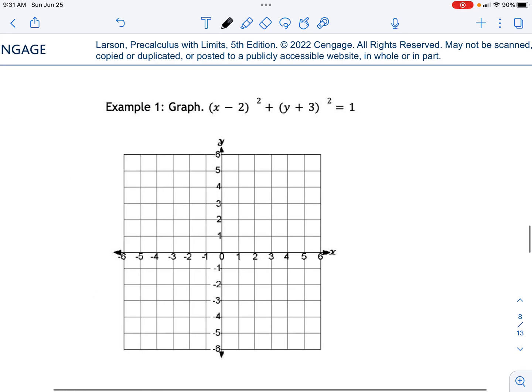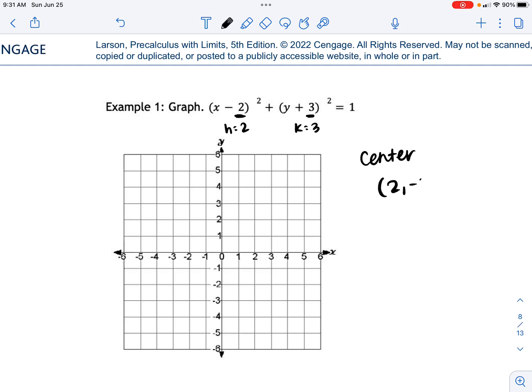So if we look at an example here, my h is 2 and my k is -3. Remember, in the parentheses, you'll take the negative version of those numbers, or the opposite, I should say. So here my center is 2, -3, and my r is going to be square root of 1, which is 1.